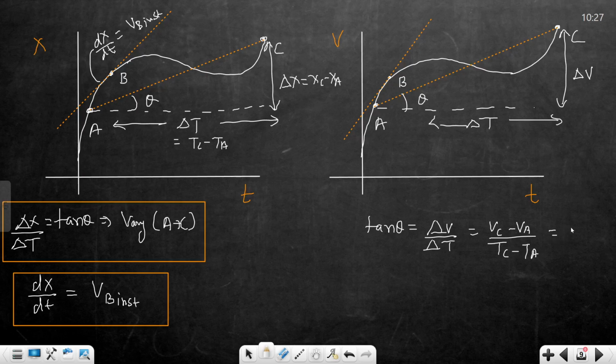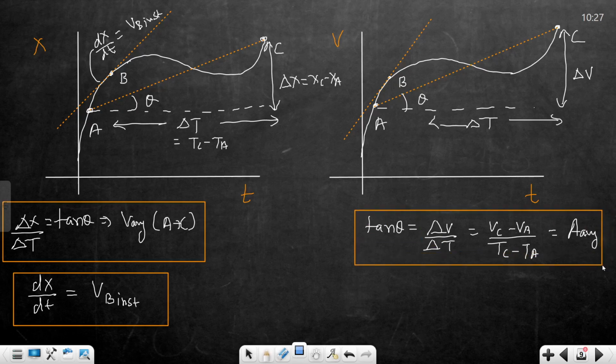So that will give you average acceleration. Clear? And when you take the instantaneous slope of this graph, that is dv by dt, that will give you instantaneous acceleration.